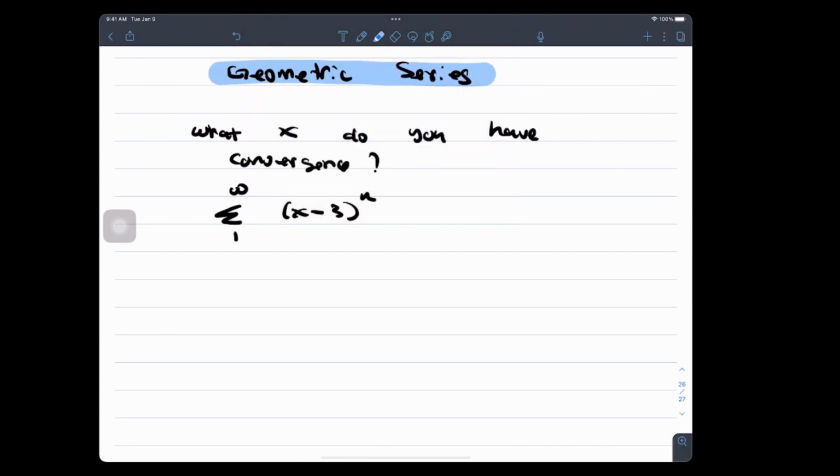Like I said, I'm going to do a little bit of backtracking on this for you guys. Let's look at the terms. You say, what are my terms? Well, this is going to equal x minus 3 to the first power plus x minus 3 squared plus x minus 3 to the third, forever.